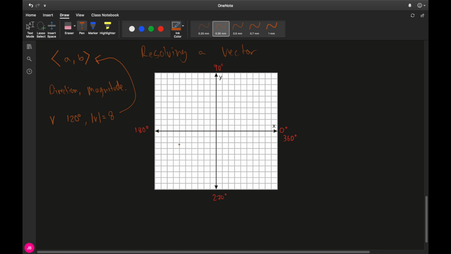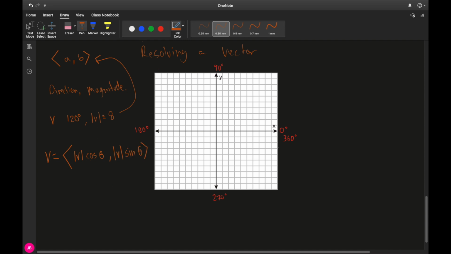That's very, very difficult. So by using sine and cosine, we're actually going to be able to find the component form of this vector. So how do we aim to do that? The formula that we're going to have is v will be equal to the component form of the magnitude of your vector times the cosine of theta, comma, the magnitude of your vector times the sine of theta.